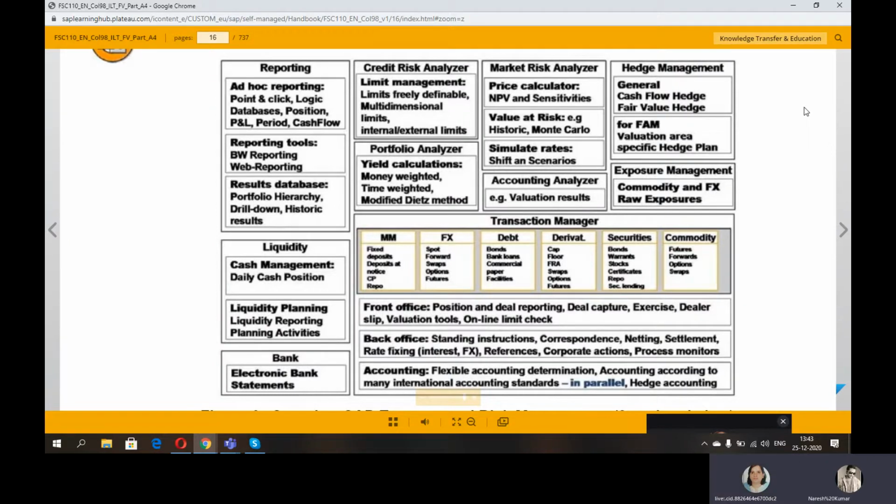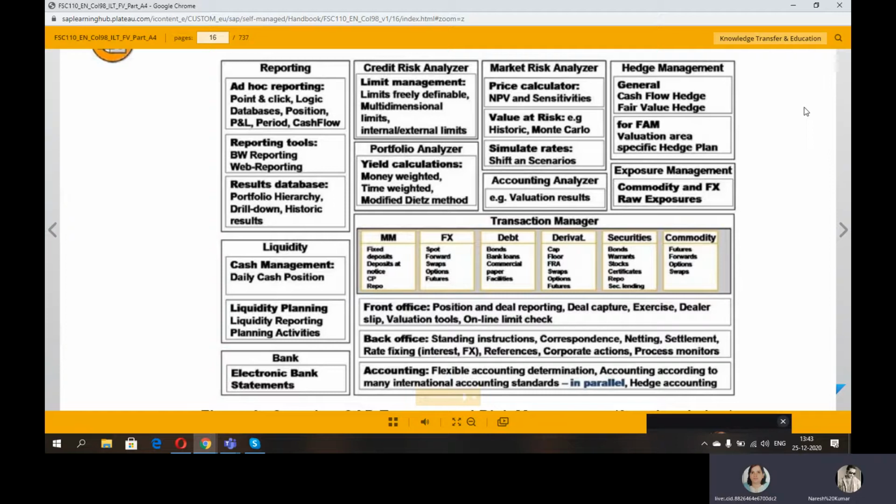When it comes to the prospect of front office, the front office will be taken with position and deal reporting, deal capture, excess dealer slip, valuation tools, online limit check. When it comes to back office: standing instructions, correspondence, netting, settlement, rate fixing, like interest or forex, and references and corporate actions and process monitors.